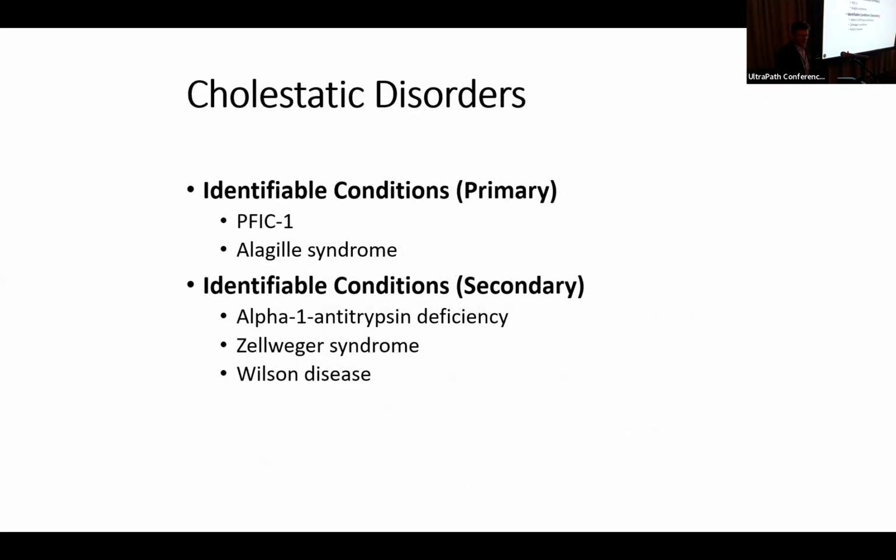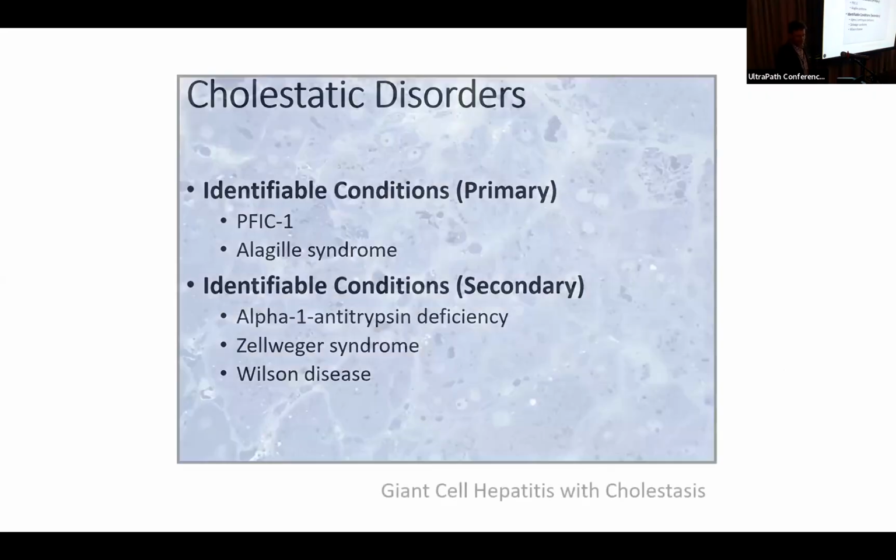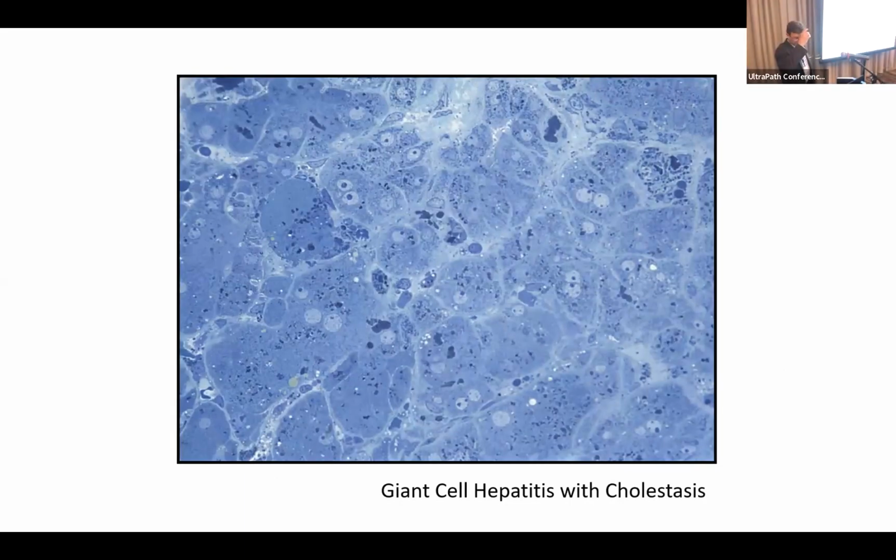We're going to talk about several of those. But first, some general considerations: it's fundamentally important to be able to recognize bile when you see it, and that's not always as easy as you might think it's going to be.